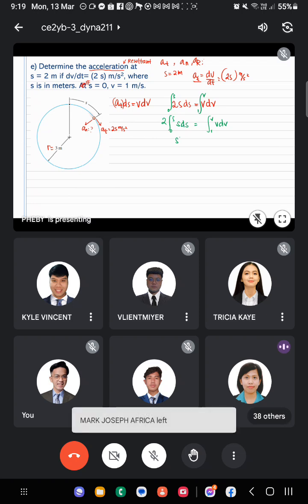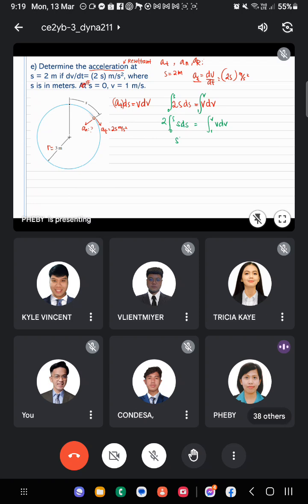So, s raised to 2 minus 0 raised to 2 is equals to v raised to 2, labas natin si 1 half, minus 1 raised to 2. So, s squared is equal to 1 half of v squared minus 1. Simplifying further, this will be 2s squared is equals to v squared minus 1. Or simply, para makuha si velocity, this is the square root of 2s squared plus 1.